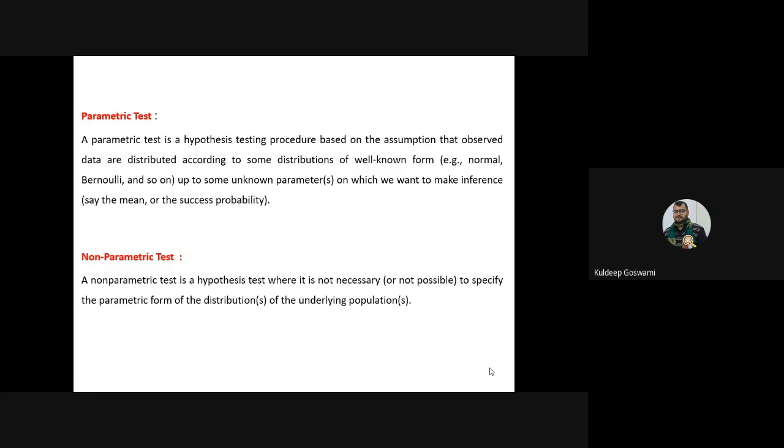For a parametric test, first you have to check whether your data follows normal distribution or not. If your data set is under normal distribution, then only you can use parametric testing procedures. Otherwise you can't use them. But in case of non-parametric tests, you don't have to check the normality assumption at the beginning.